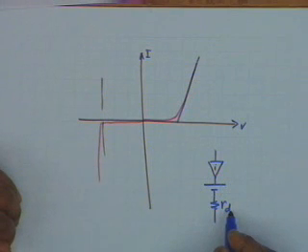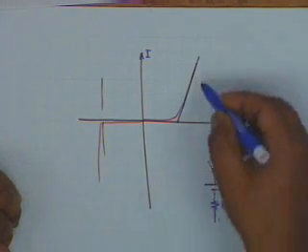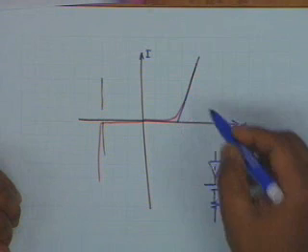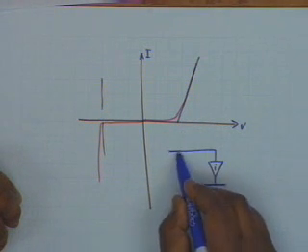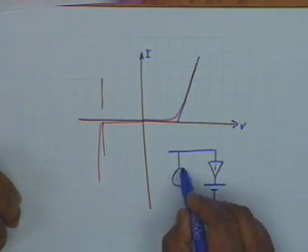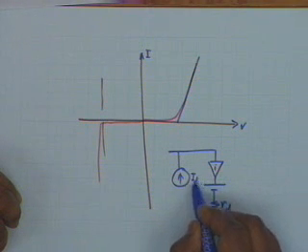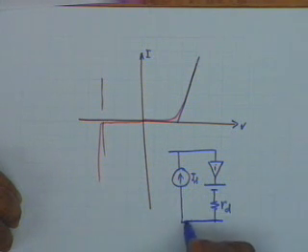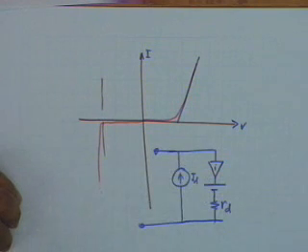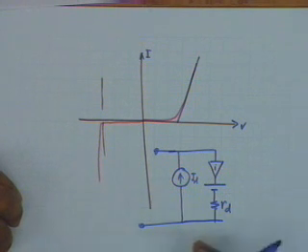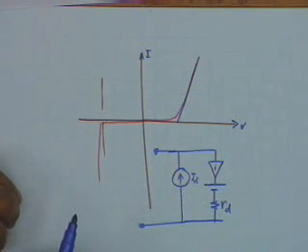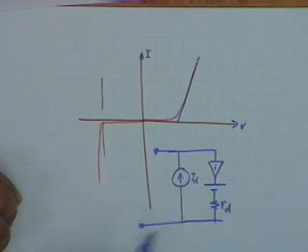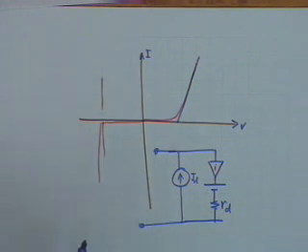The D stands for dynamic, that is, it is the slope of this line. And then if you want the reverse saturation current also to be taken into account, you connect a current source, and this is the linear equivalent circuit of a diode. Most of our practical diode circuits can be analyzed in terms of this equivalent circuit.